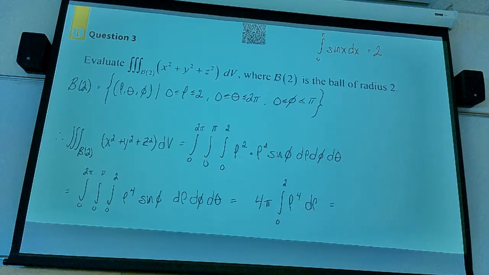And then times 4, 128, over 5. So far, so good.